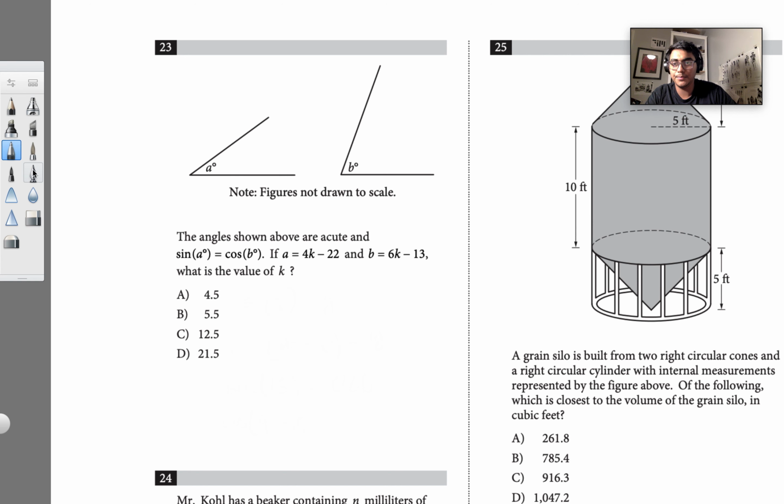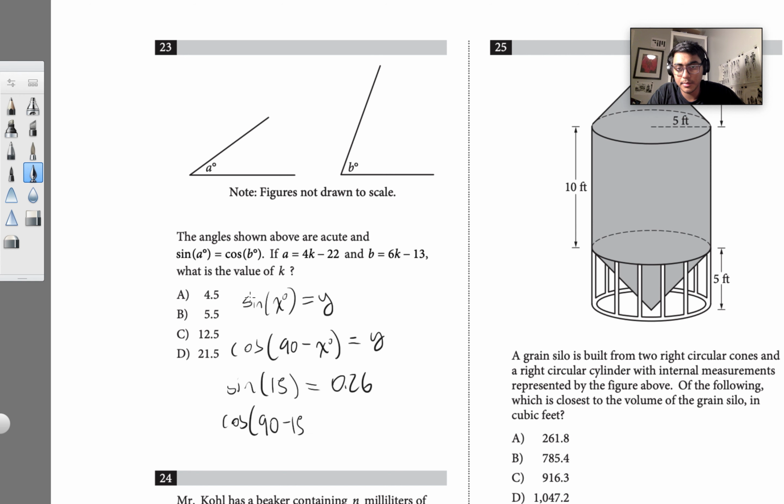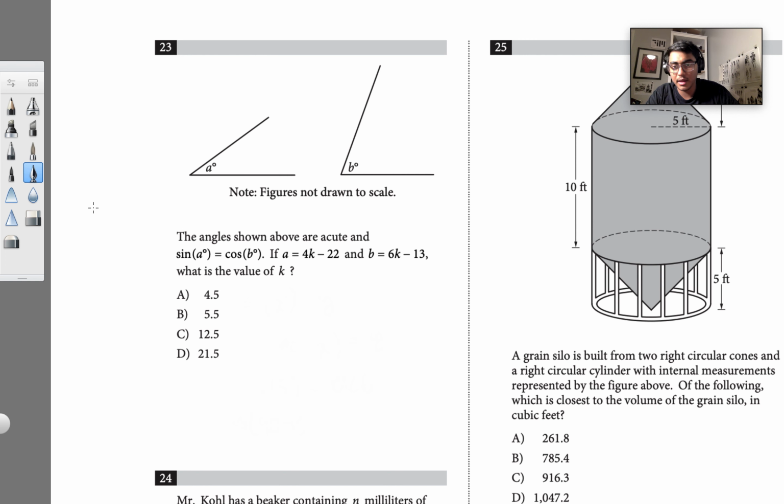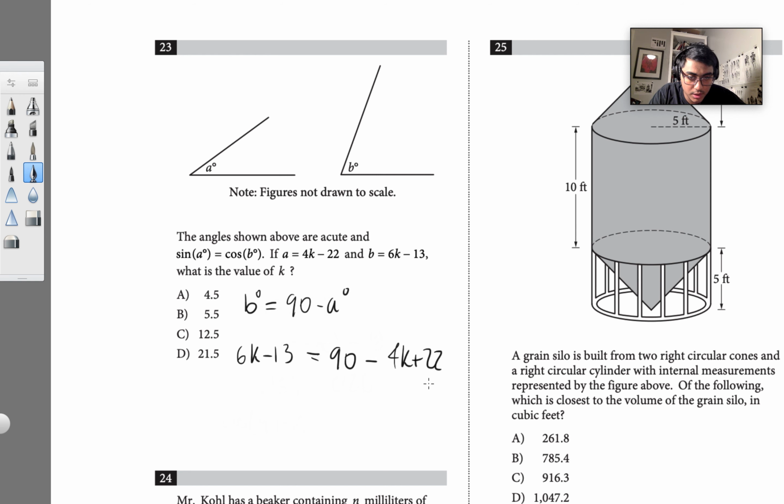Okay, so we know that A is equal to 90 minus B. No, sorry, my bad. So we know B is equal to 90 minus A. And since we were given the equations above, it's basically saying 6k minus 13 is equal to 90 minus 4k plus 22.